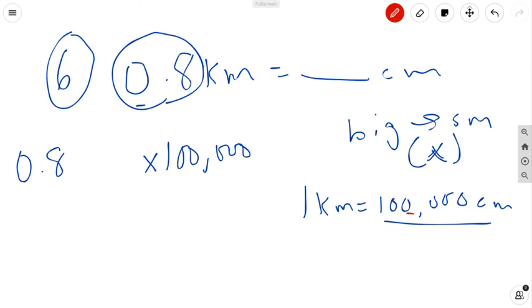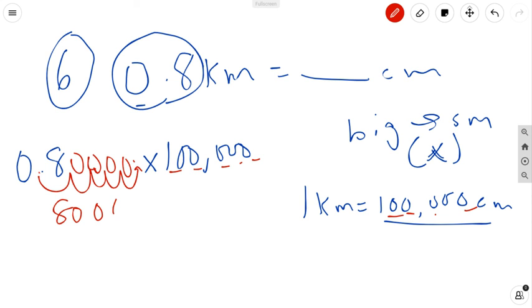I have 5 zeros. So I'm going to move this decimal 1, 2, 3, 4, 5 places. Put decimal there. Fill in the gaps with zeros. So my number is 80,000.